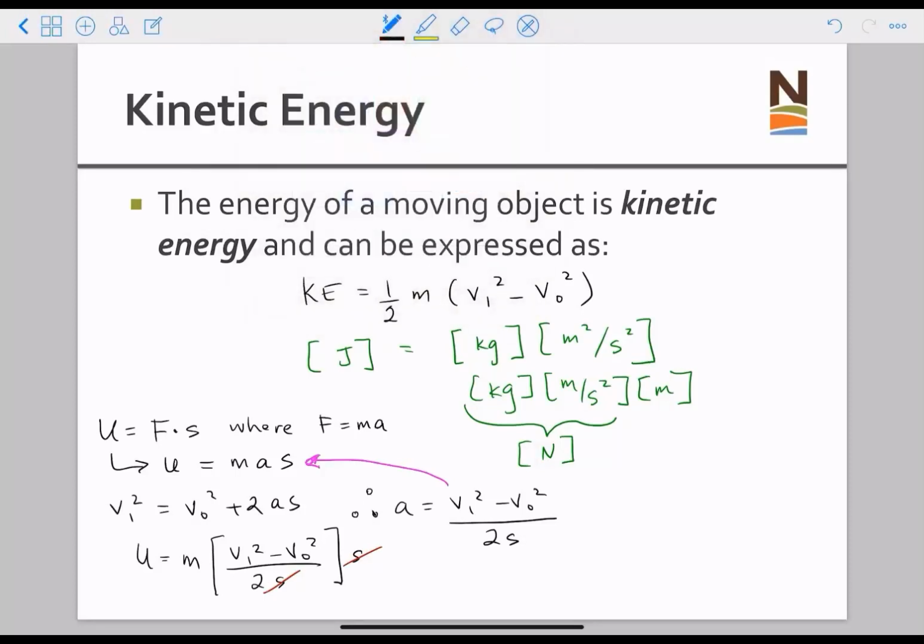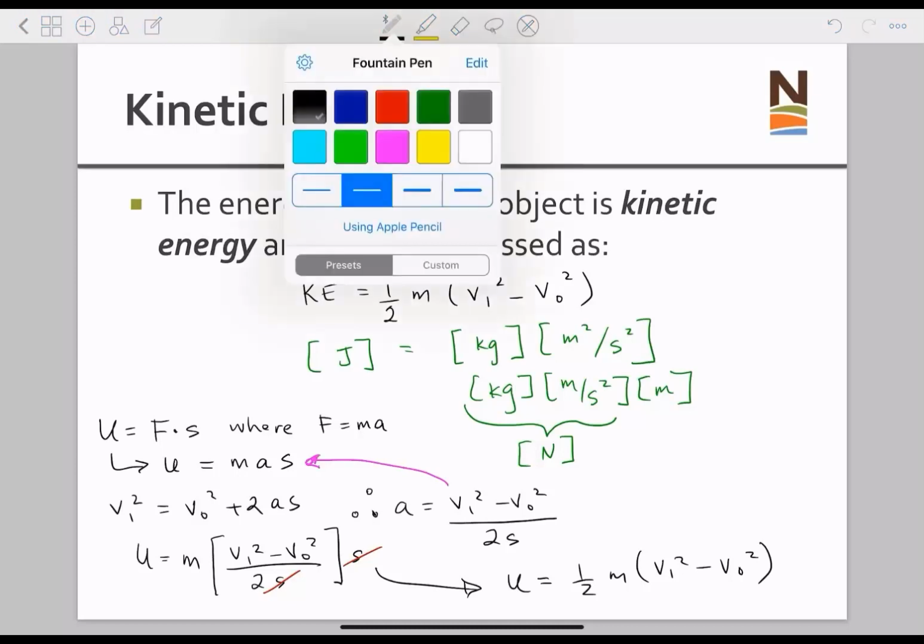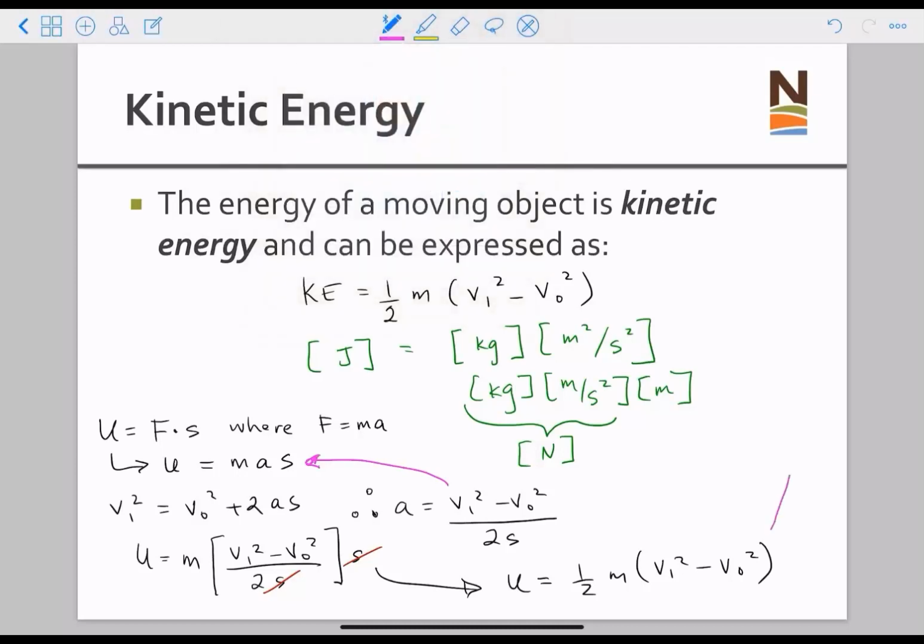So ultimately we're left with U equal to 1/2 m times v1 squared minus v naught squared. Okay, so that's just the proof for the equation that I gave you at the top. Again, it's not something that you absolutely need to know, but I do like to try to tie up these loose ends so you can see how everything fits together.